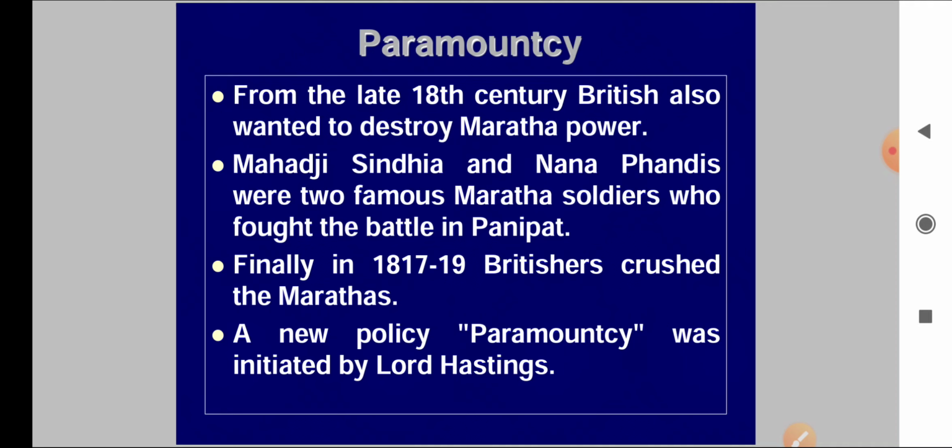The Britishers fought a series of wars with the Marathas from 1775 to 82, then 1803 to 1805, and then 1817 to 19, and ultimately in the last battle they crushed Maratha power. The Peshwa was sent to Bithur near Kanpur with a pension, and they established their control in this region. Now the Britishers declared their paramountcy.